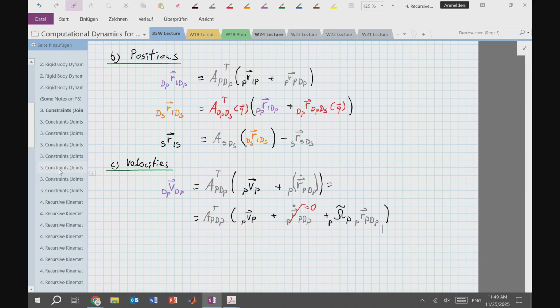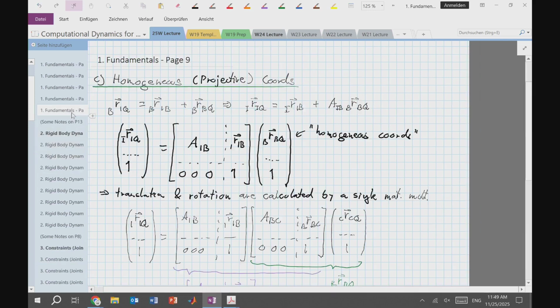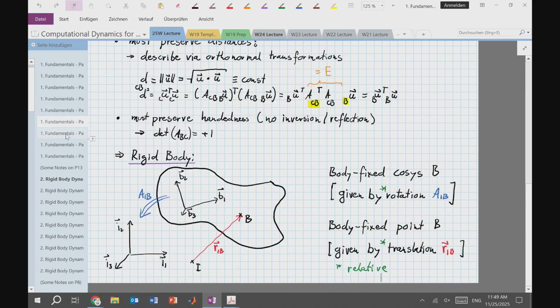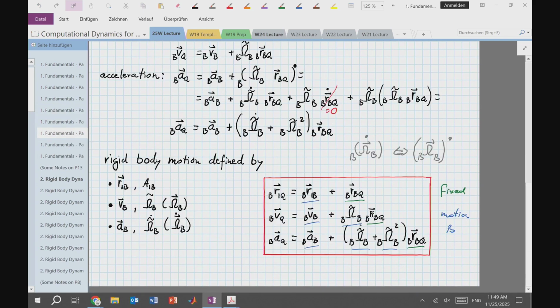In principle, this is exactly that fundamental equation: the velocity of some point, here we call it dp, is the velocity of point B plus that cross product.